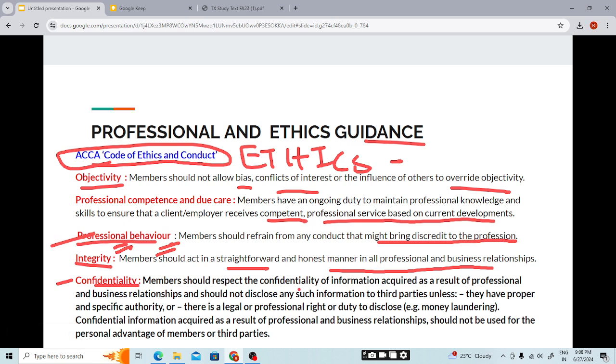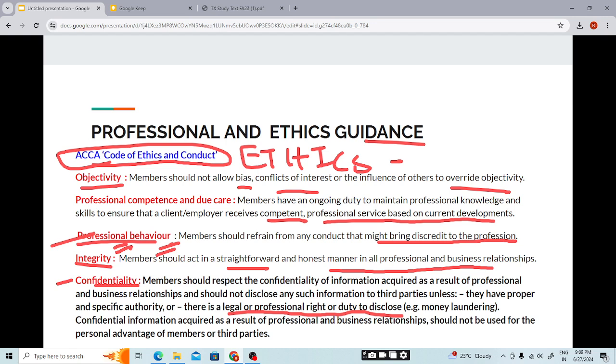Members should respect the confidentiality of the information acquired as a result of professional and business relationships and should not disclose any such information to third parties unless they have proper and specific authority or there is a legal or professional right or duty to disclose it.